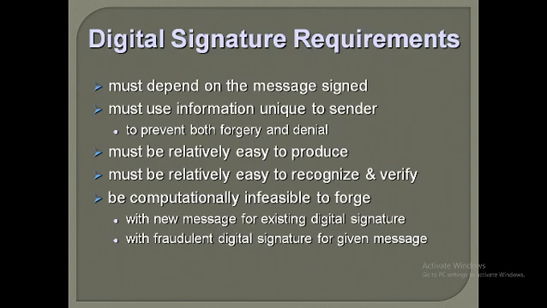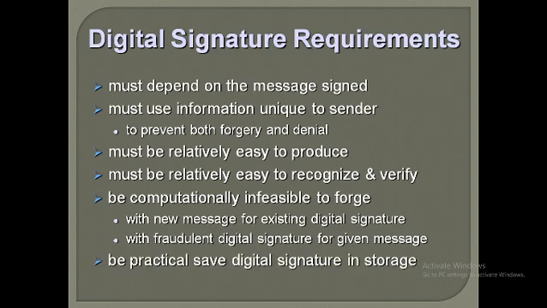These are all the basic qualities of hashing, and we have already discussed hashing in detail. Here also the message is signed, the contents of the message are used for digital signatures, and the sender's information is also added, so that it becomes more distinct. It cannot be used by any other person.